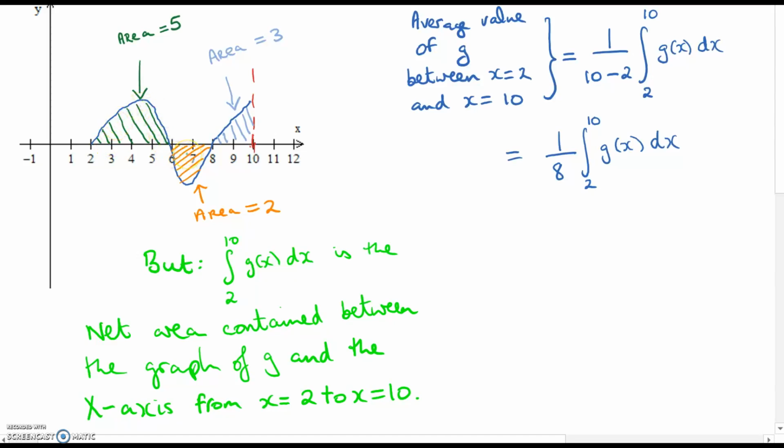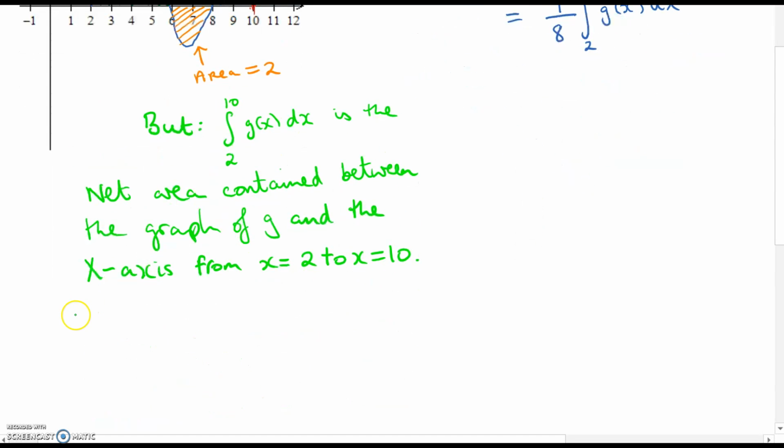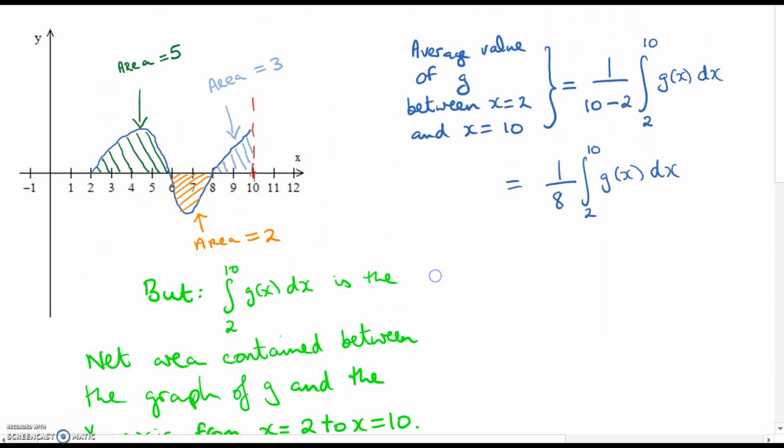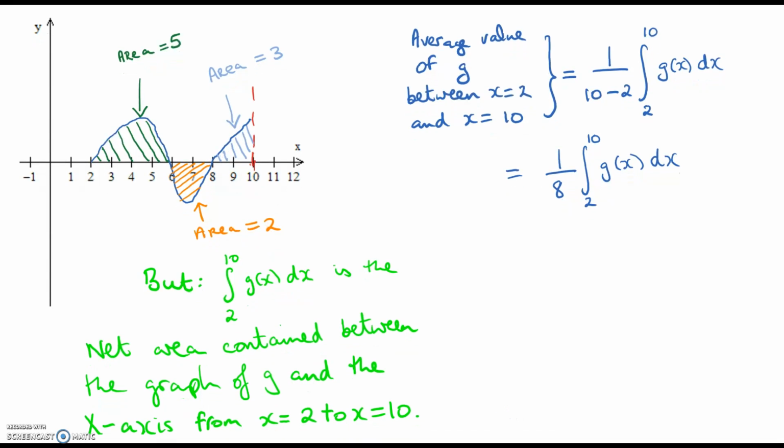So the net area here is going to be equal to, this first area is 5, it's positive, and the 3 is also above the x-axis, so that's positive. So 5 and 3 is 8, but we're going to have to subtract the 2. Okay, so let's put a little asterisk here, and we're going to say that that's negative in terms of integrals.